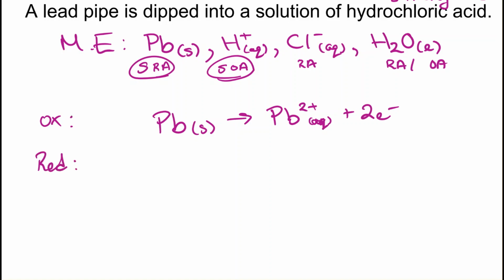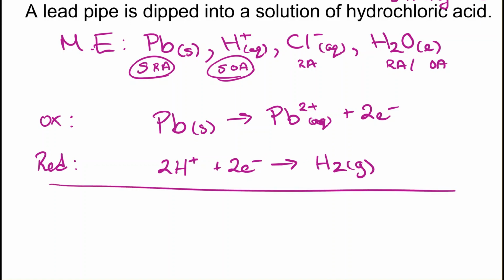Let's write the reduction half reaction. That's the strongest oxidizing agent. So we've got 2 hydrogen ions plus 2 electrons turning into H2 gas. Okay, perfect. So what's the lowest common multiple between 2 and 2? Well, it's just 2, so they cancel and we add them together.